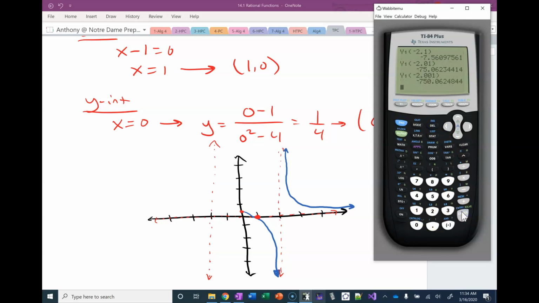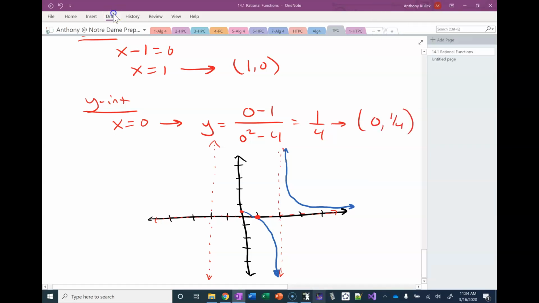And you see again, we're getting smaller and smaller and smaller. So what that tells me is that as we're getting closer and closer to this asymptote, we're getting smaller and smaller. We need to be bounded in between those two asymptotes, so that part of my graph is going to look like this.